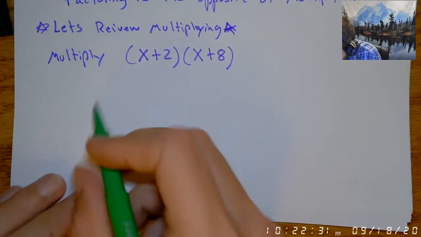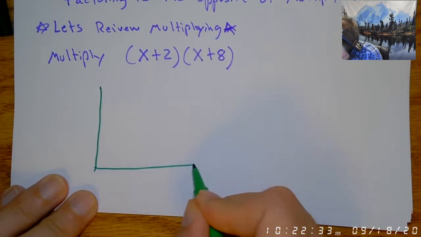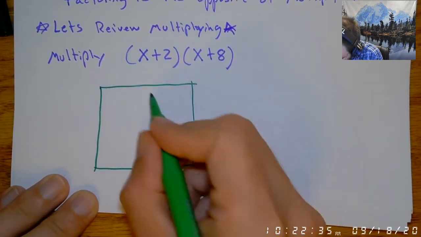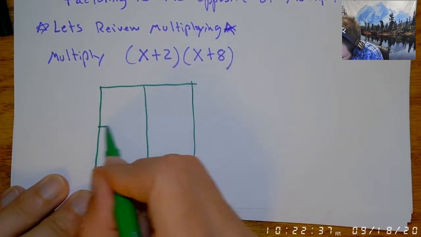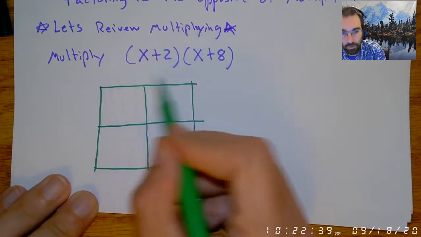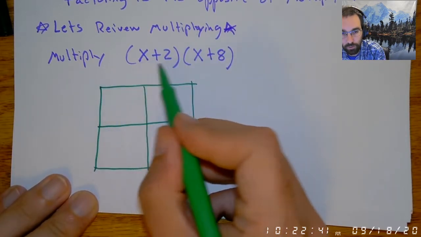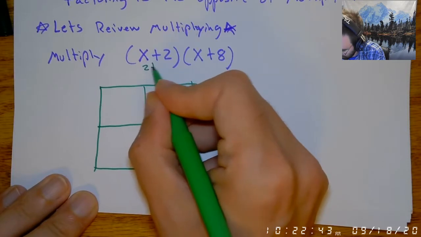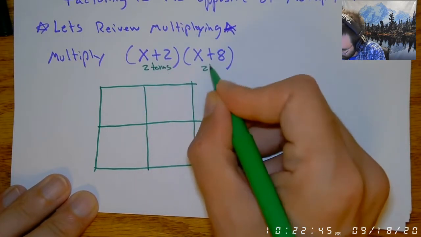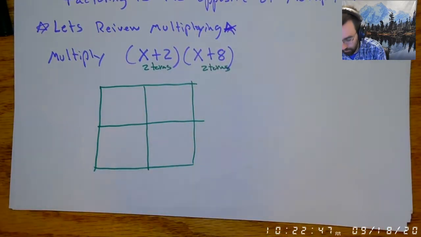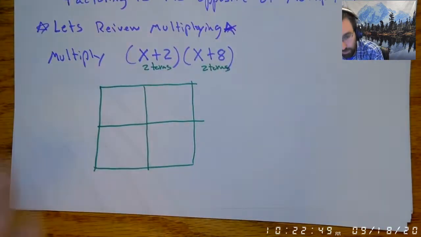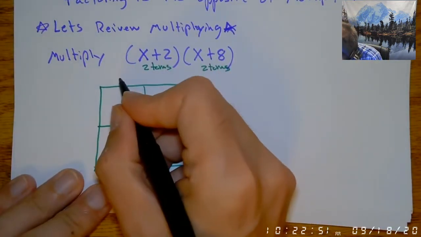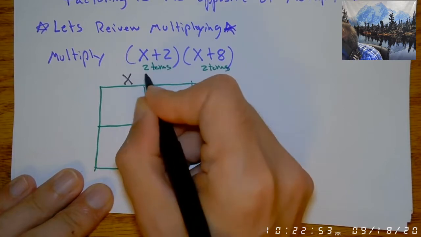To do this, we're going to have a box. Notice how my box is 2 by 2 because I have 2 terms here, and I have 2 terms here. I'm going to write my terms on the outside. It doesn't matter where you put them.